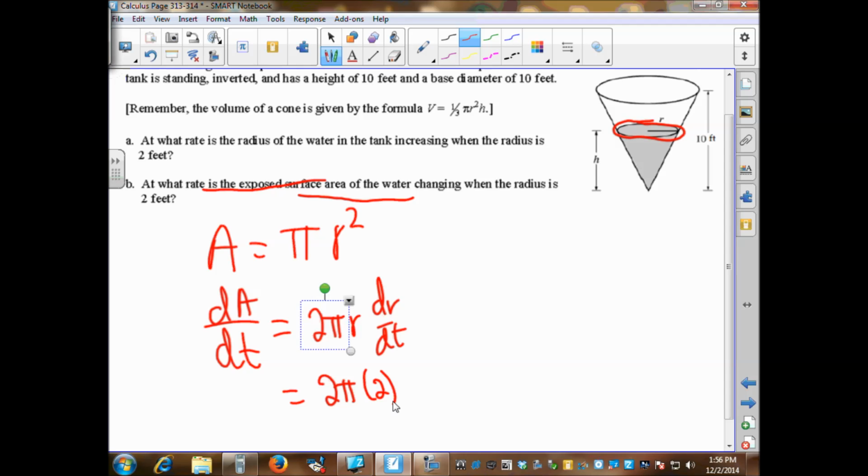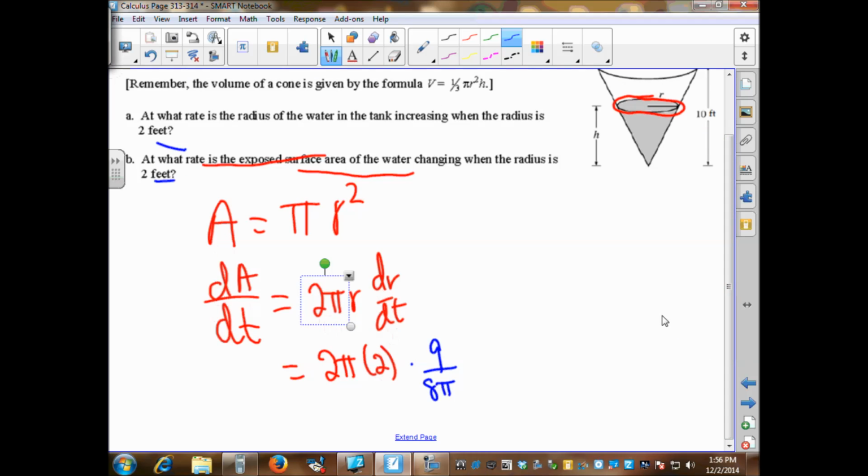The radius is 2. And we found out just a second ago that dr dt, when the radius was 2, was 9 over 8 pi. So we can go ahead now and do some canceling.